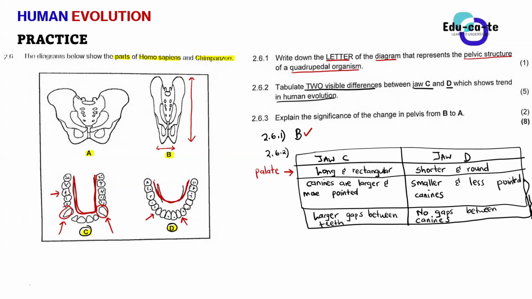You try to avoid it because it wouldn't be that visible in the diagram. But in a natural sense, we know that humans have these shorter and rounder palate shapes that do not have any gaps between the canines, and the canines are smaller and less pointed. That's just something usually natural.